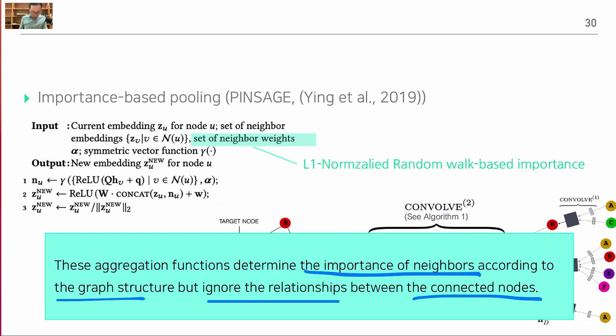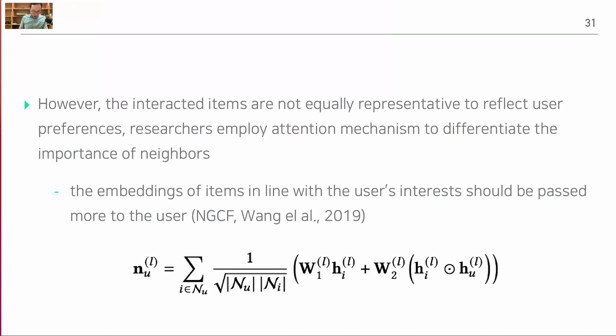It is just from the travels on the input graph. However, the interacted items are not equally representative to reflect user preferences. Researchers employ an attention mechanism to differentiate the importance of neighbors.